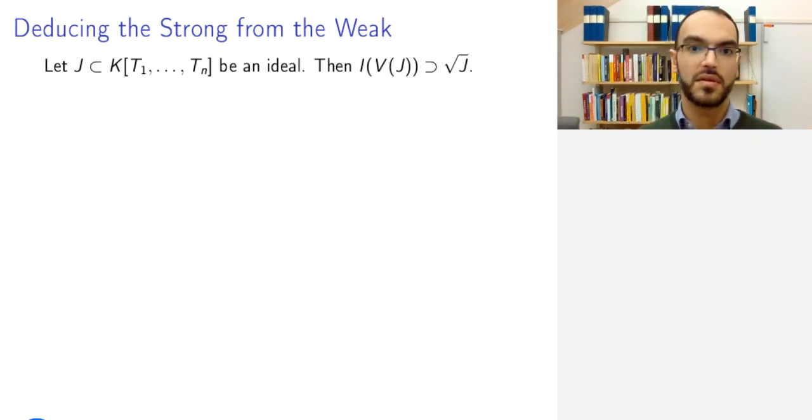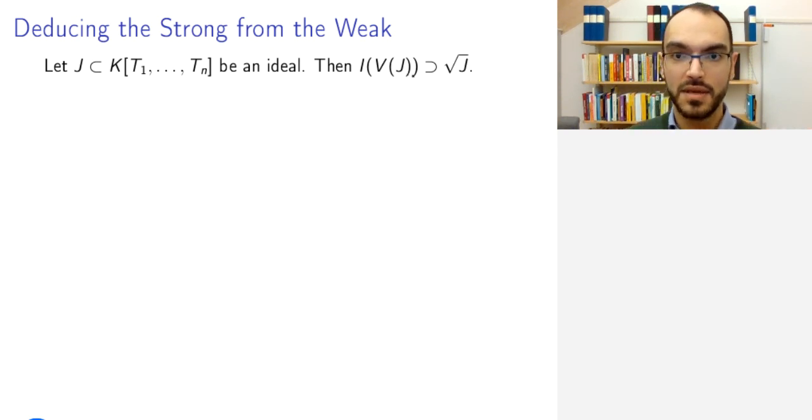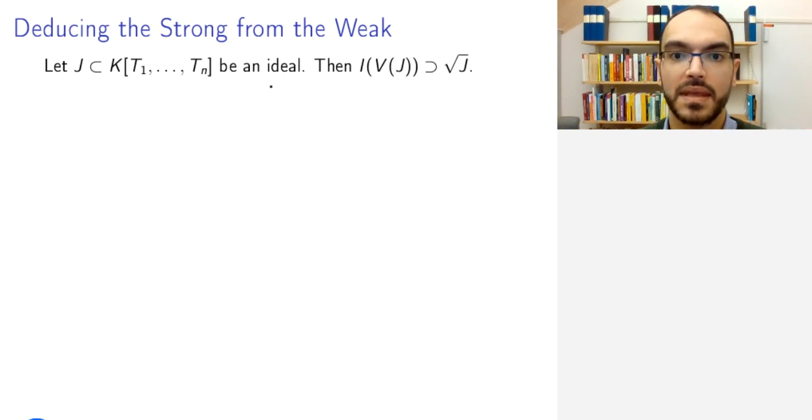So we need to prove that we have equality between the ideal of the vanishing set of J and the radical of J. So take an ideal J. This inclusion is straightforward. Why? So how to prove that inclusion?